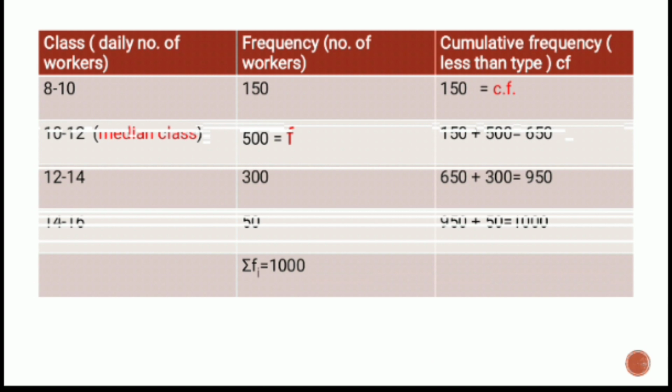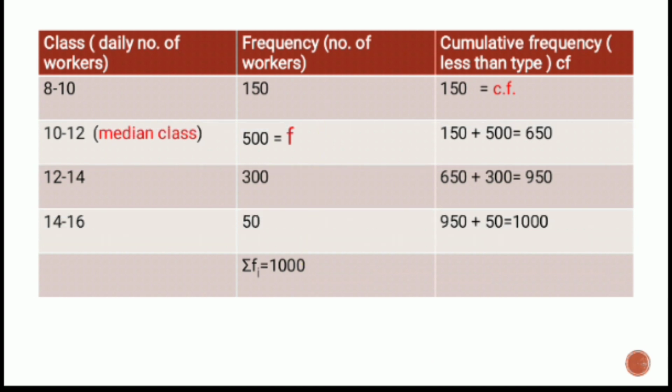First you have to draw 3 columns. The first column will be your classes, the daily hours of work. The second column will be your frequency, the number of workers. And the third is cumulative frequency, of less than type, that means your Cf. First write all the classes and then write all the frequencies given in your table.